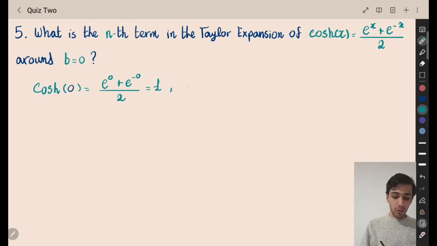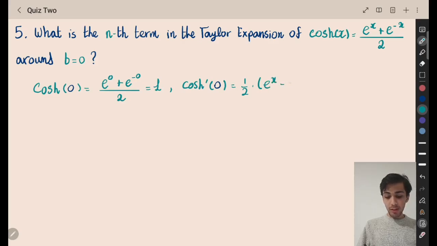Okay, what about cosine prime of 0? What does it give me? Well, you can check. First off, the derivative is going to be a half, and then e to the x is e to the x, and e to the minus x, when you take the derivative, it becomes minus e to the minus x.